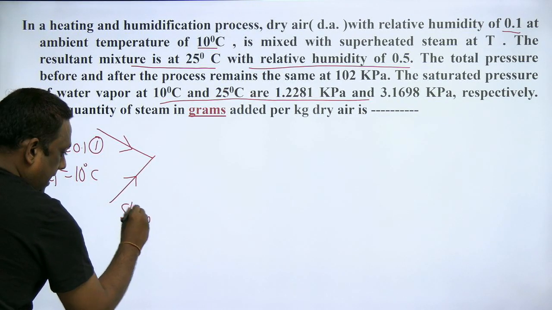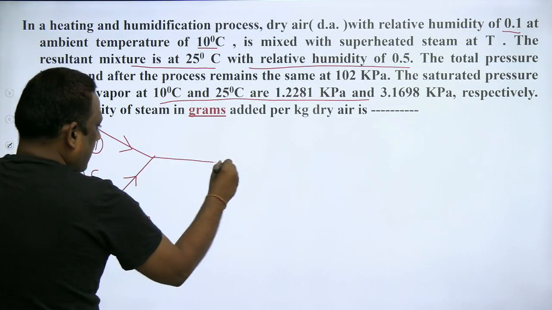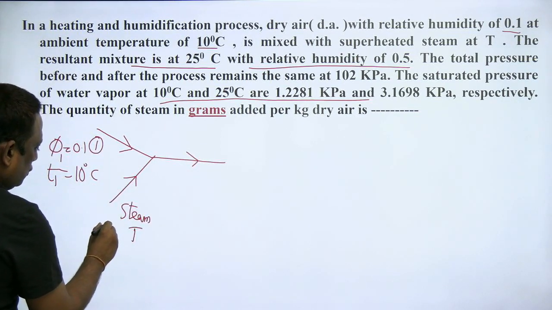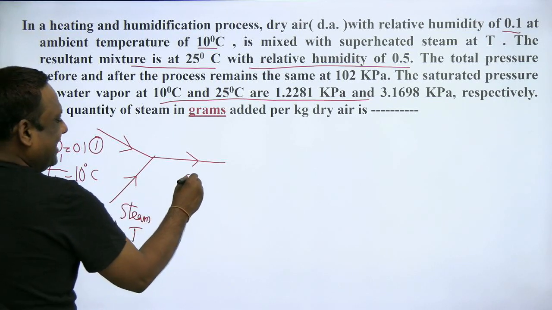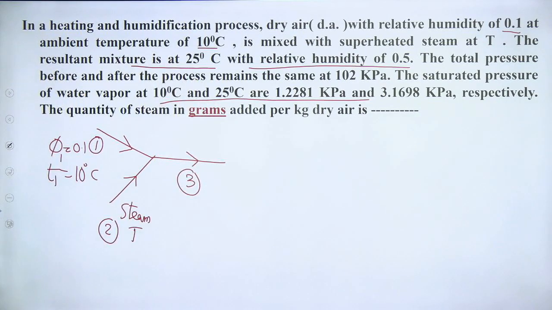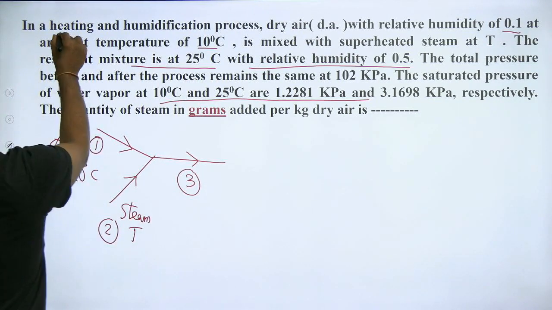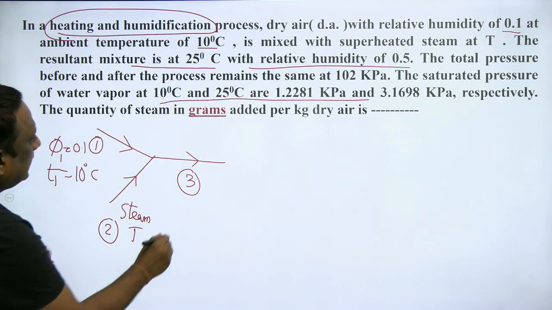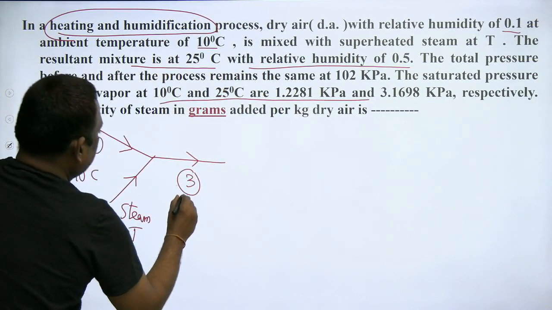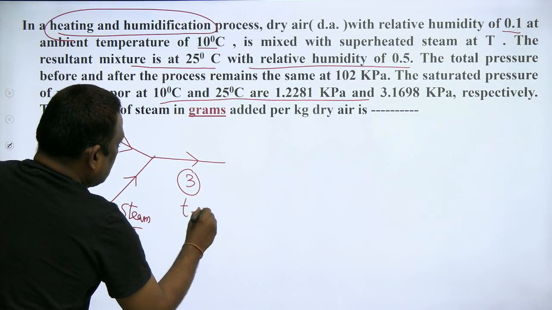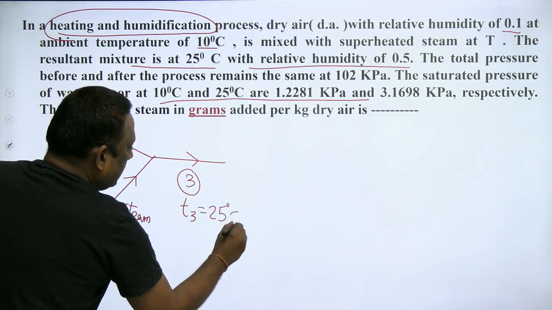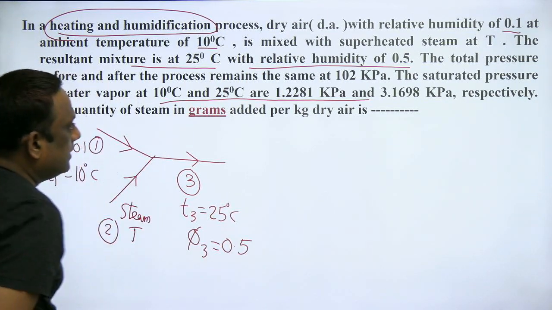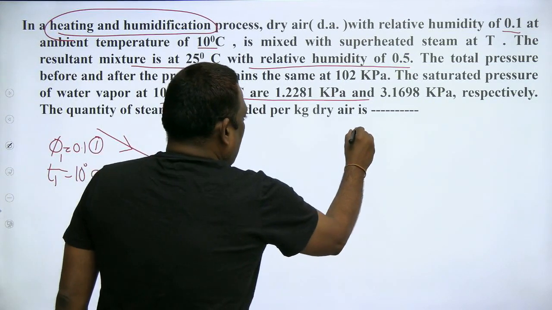Here we have steam and its temperature is T, and let it be state 2, and let the resultant be 3. See the process, heating and humidification process. Now at 3, the resultant mixture has a temperature of 25 degrees centigrade and the relative humidity is given as 50%, that is 0.5. Now the question asked is how much.